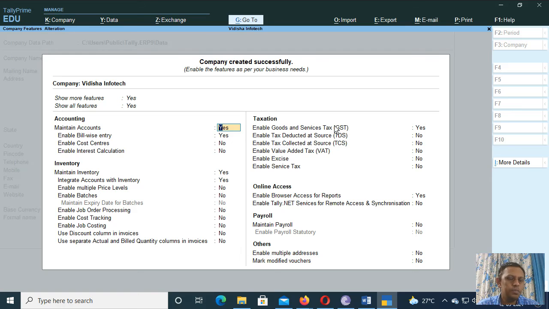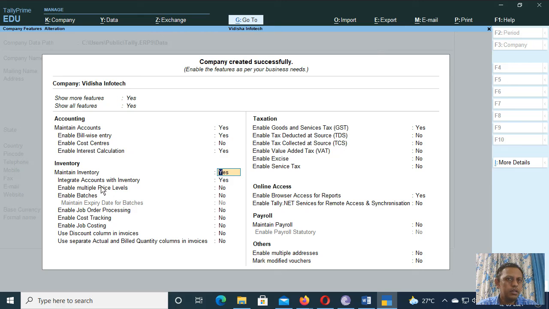Here we have to keep it yes. Here also it is yes. Here it has been given no, so we will have to enable interest calculations, as we will be performing some advanced programming further on.